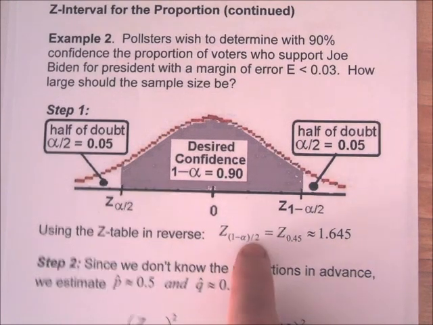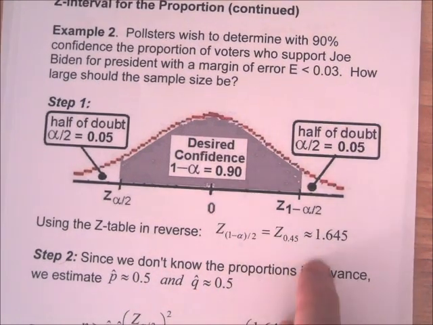So we need to divide the 0.90 by 2, it's 0.45, and look that up in the table. And we already computed that in example 1. It was not in the table exactly, but we estimated it to be 1.645.